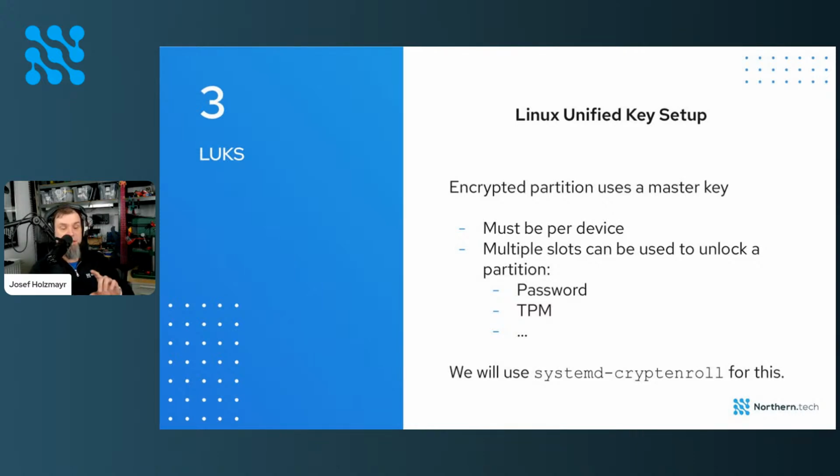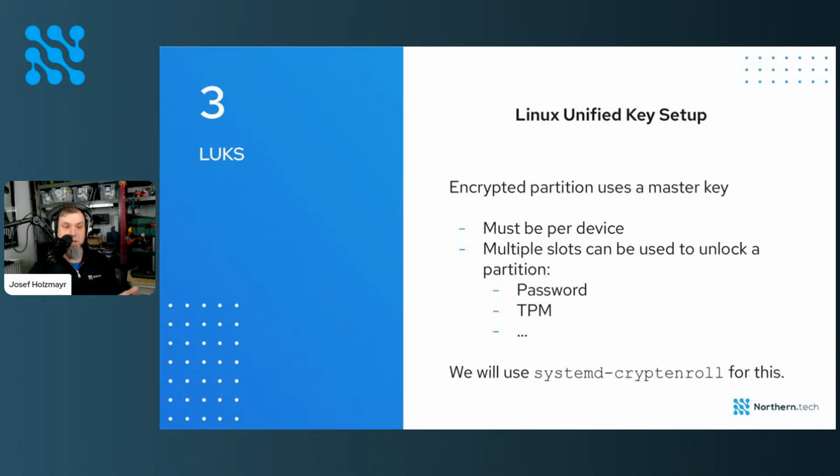And once that is done, the final building block, which we need, so I already told you we have the slots with various passwords, and using the TPM as one of those slots is the key for tying the TPM to the encrypted partition. And so we can automatically unlock on boot.